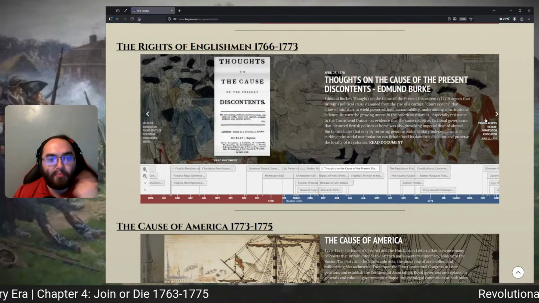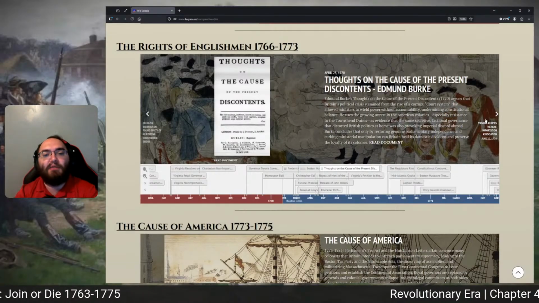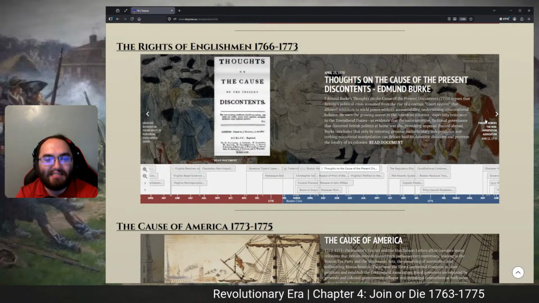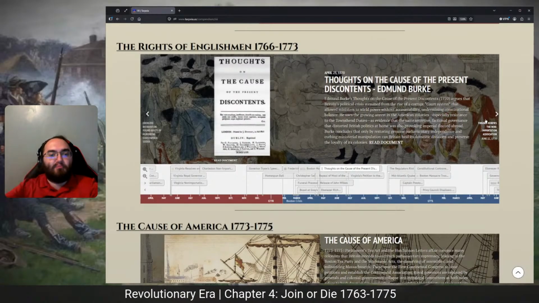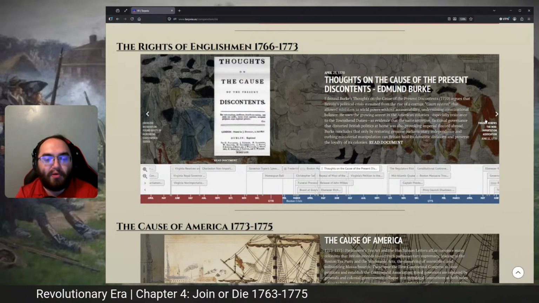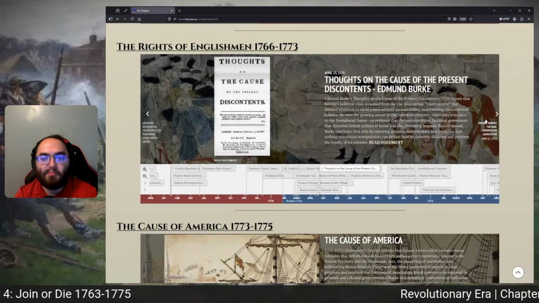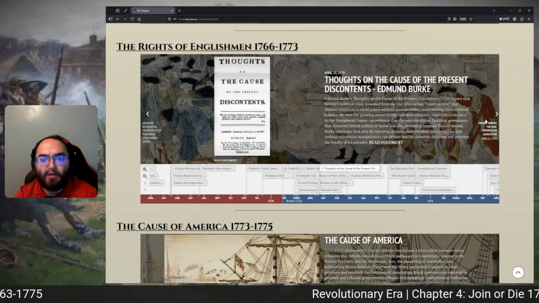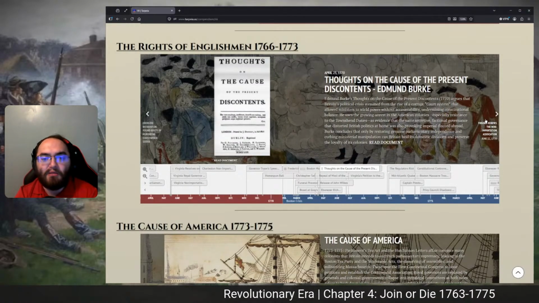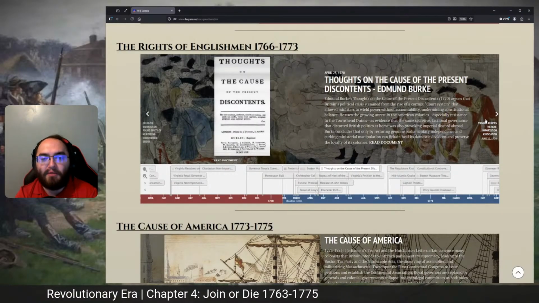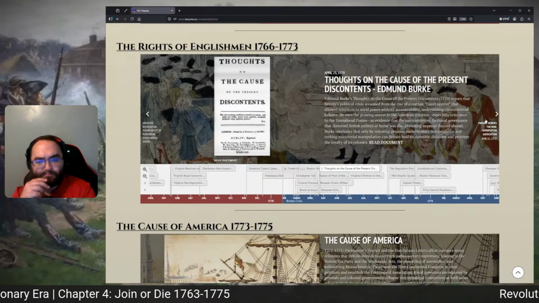Edmund Burke, a member of Parliament, will write this political essay, Thoughts on the Cause of the Present Discontents, that is, the protests and issues going on in the colonies. And he argues that Britain's political crisis stemmed from the rise of a corrupt court system that allowed ministers to wield power without accountability, undermining constitutional balance.